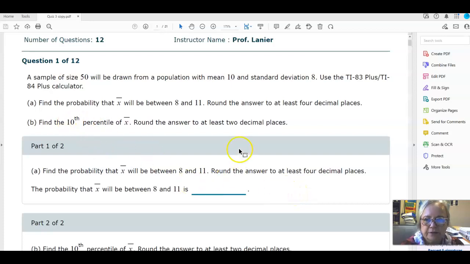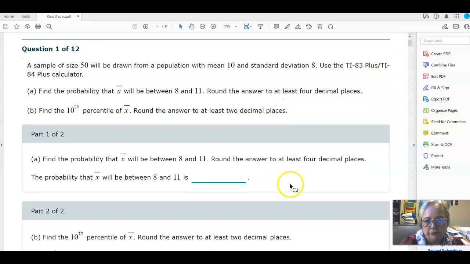A sample of size 50 will be drawn from a population with mean 10 and standard deviation 8. Use the TI-84 Plus calculator to find the probability that the sample mean will be between 8 and 11. Round the answer to at least 4 decimal places.